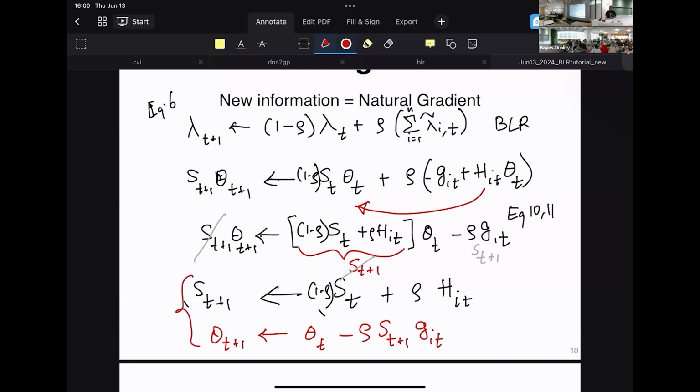So when you're in the lambda space, it's just addition, right? But when you go from the natural parameter to the theta and the precision space, then you start to see Newton-like things.